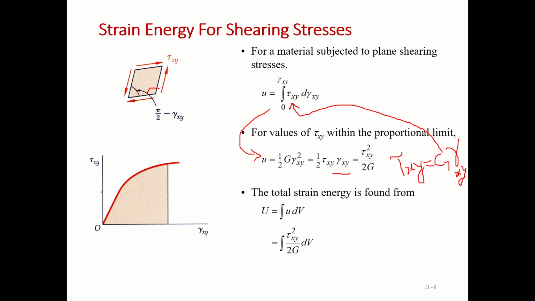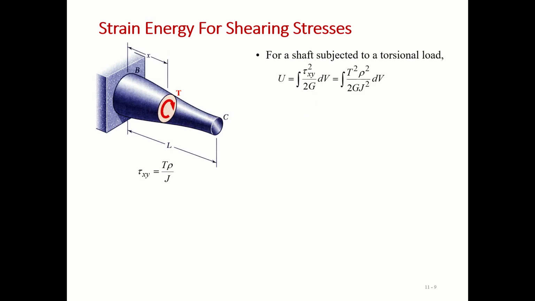This is the shear stress, this is the shear strain, just like for the normal stress and strain, we have the yield point, and we have the area under the stress-strain diagram.